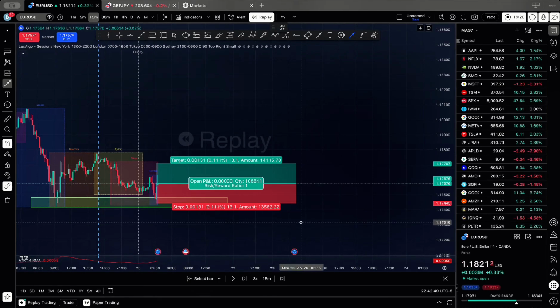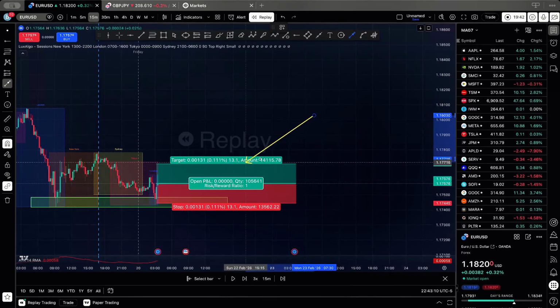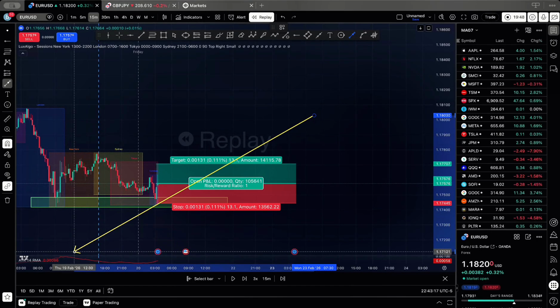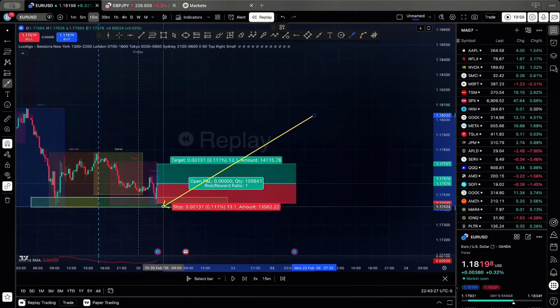The ATR is an indicator that I display here. If you want to get it, you just have to go to the indicators here and write down ATR. Okay? ATR is average true range. It takes into consideration the last 14 candles and gives you the average. And it takes into consideration the actual volatility of the market.